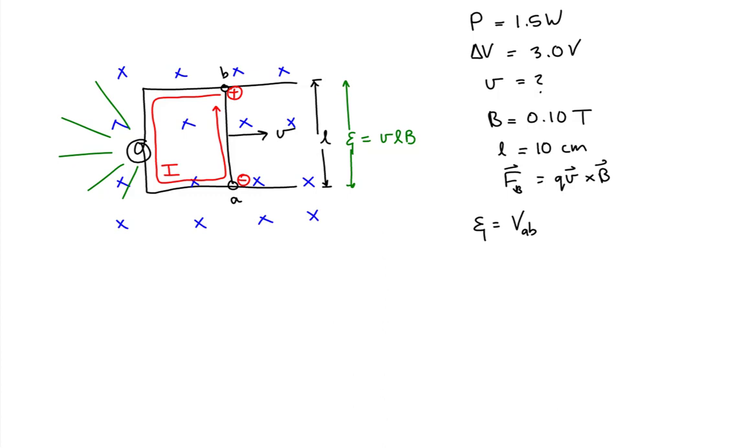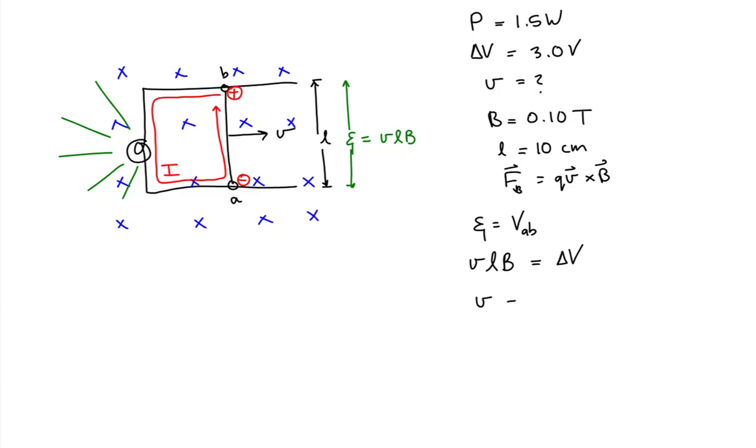Remember, motional EMF is just the product of the wire's speed, its length, and the magnitude of the magnetic field through which it's moving. And we're saying that this is equal to the potential difference that the bulb needs for maximum brightness.